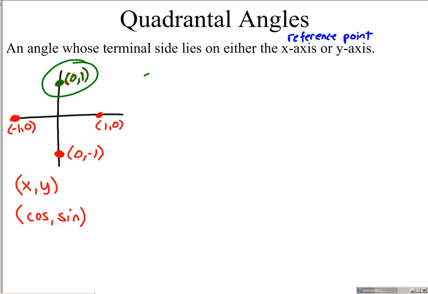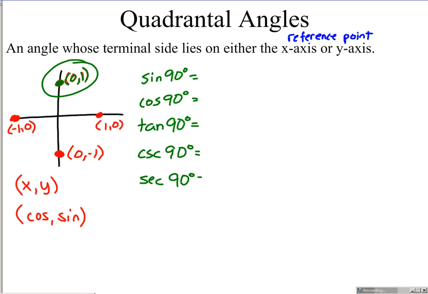Now, if we wanted to find sine of 90, cosine 90, tangent 90, cosecant, secant, and cotangent, the only 2 of those 6 that I can find directly are sine and cosine. Sine is the y coordinate, so sine is going to be 1. Cosine is the x coordinate, cosine is going to be 0.